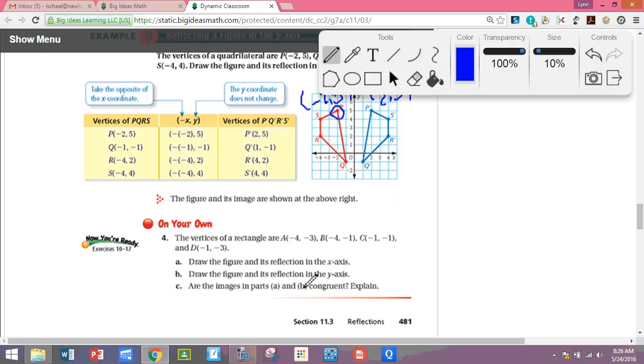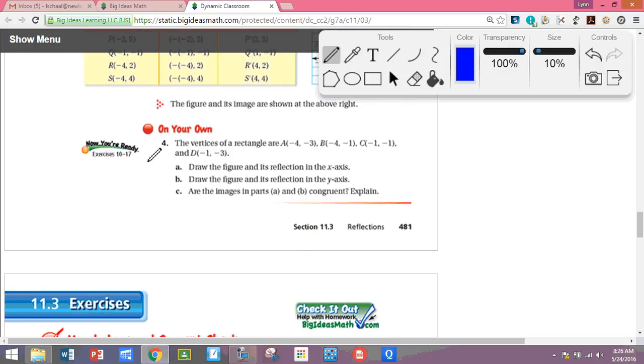Okay, so what I would like you to do now is practice this a little bit. You have a figure, A, B, C, and D. It's a rectangle. It tells you to draw it. I don't care if you draw it. What I want is your coordinates, because if you know what the coordinates are, you will be able to graph it appropriately. If you want to draw it, go right ahead.